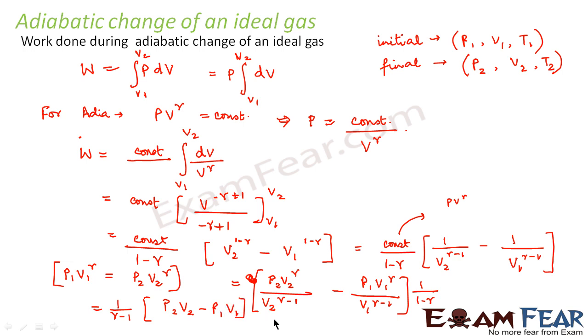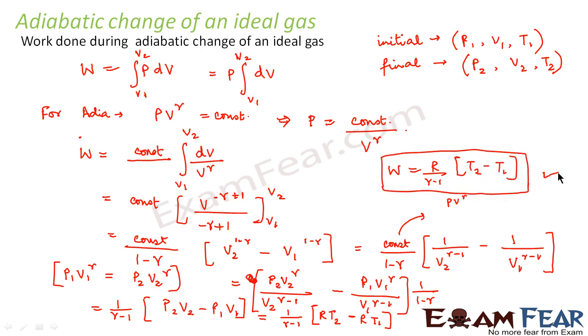Now we also know that PV can be written as RT for an ideal gas. For any ideal gas, the equation of state will remain the same. So we can write P2 V2 is equal to RT2 and P1 V1 as RT1. So we get this expression. That means the final expression which we get for work done is equal to 1 by gamma minus 1, R I take outside, T2 minus T1.